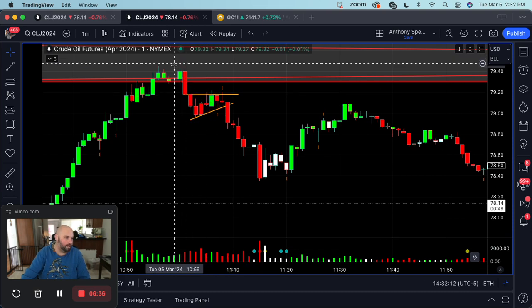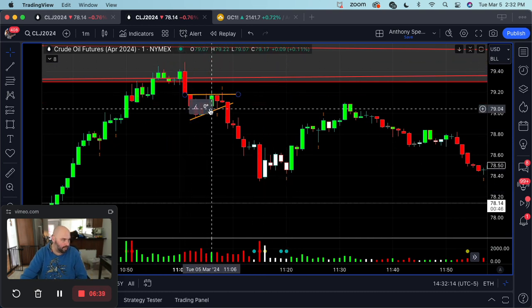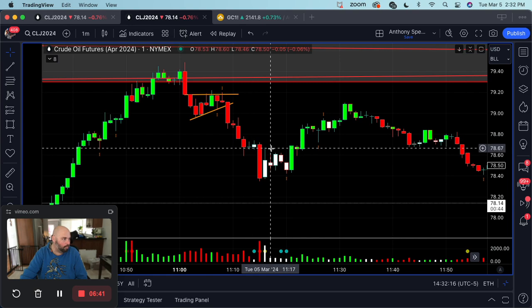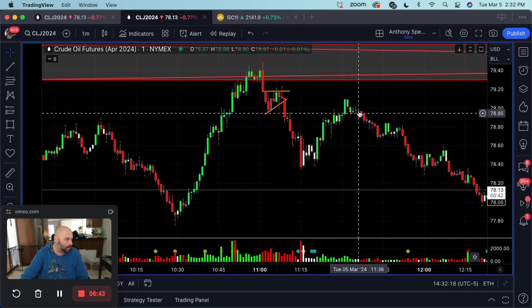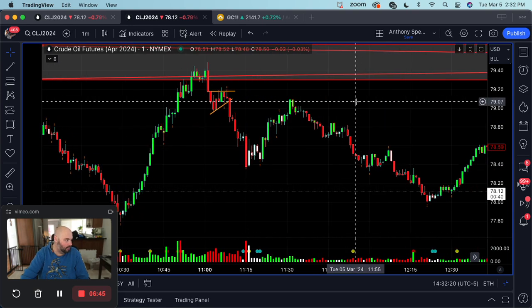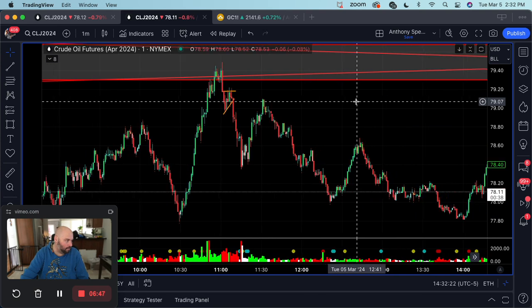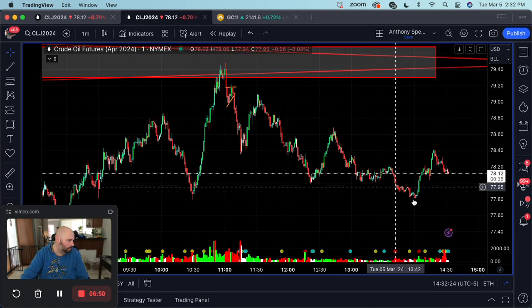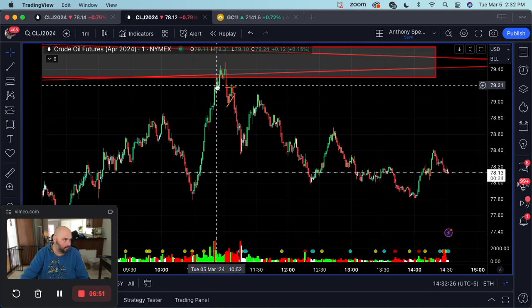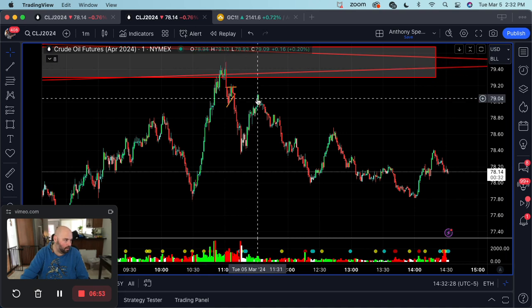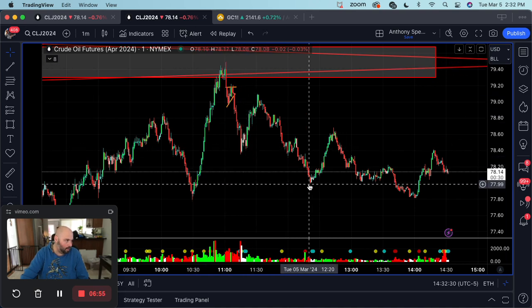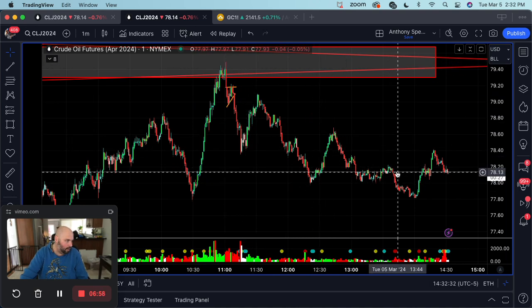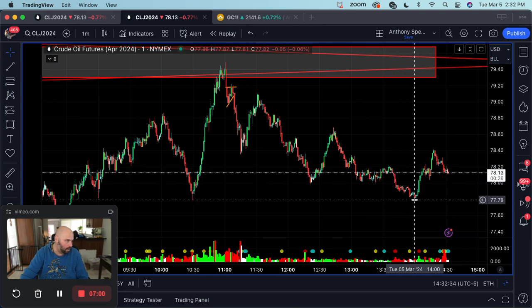Newly appointed resistance in what should be considered a downtrend. Here's the break. Here's the retest. Here's the sell-off. High, lower high, low, lower low, lower high, lower high, lower low.